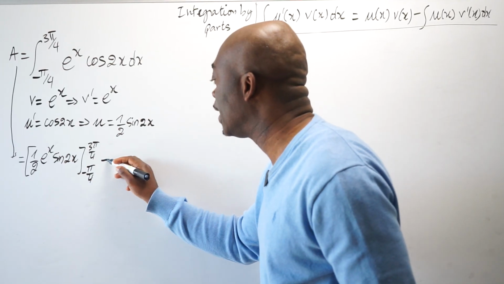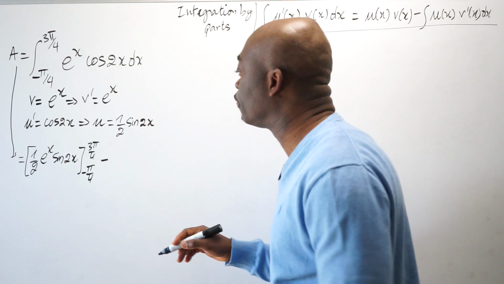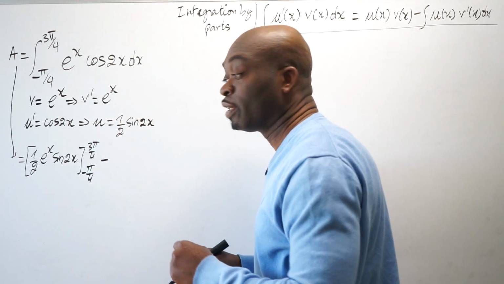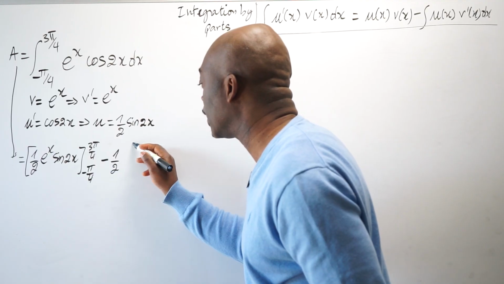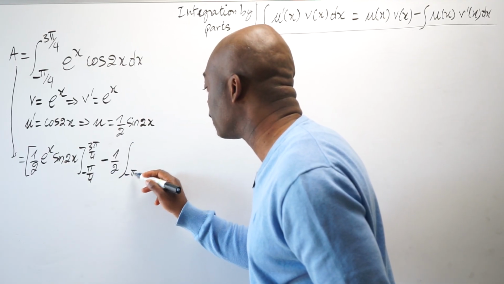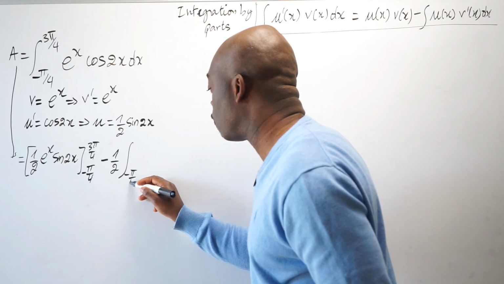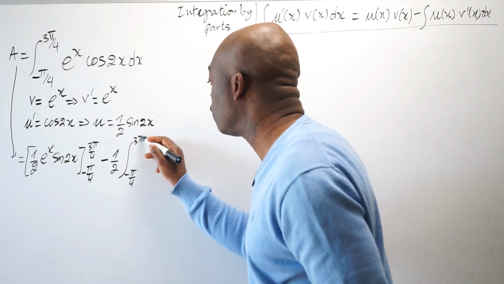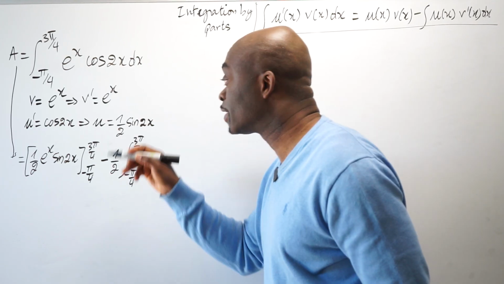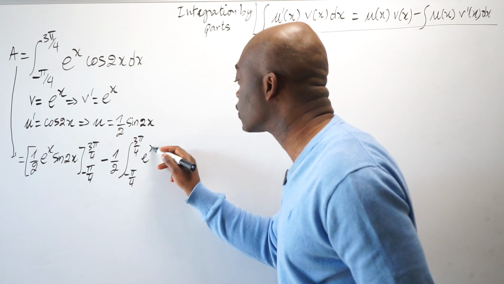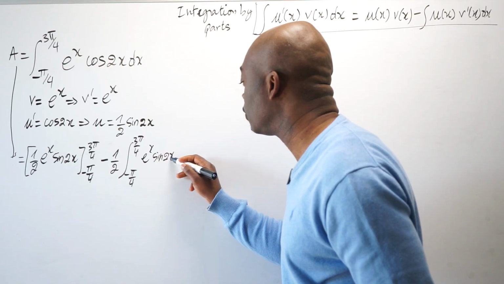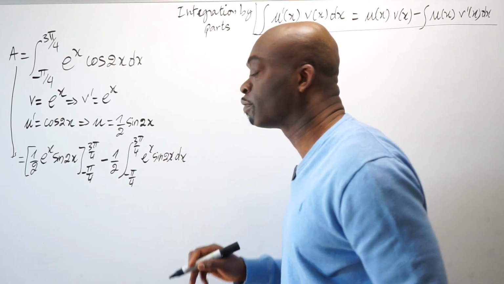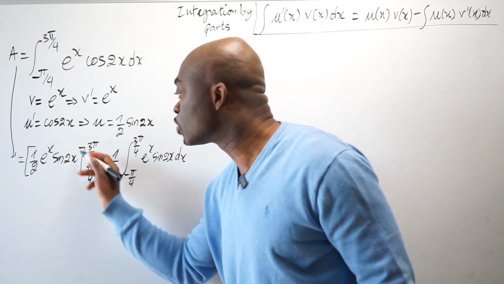Then minus the integral of u times v prime. Because we have the constant, I'm going to take the constant out, which always makes your life a lot easier. Over negative pi over 4 to 3 pi over 4, of exponential x sine 2x, and then we carry the dx with us. Always important.